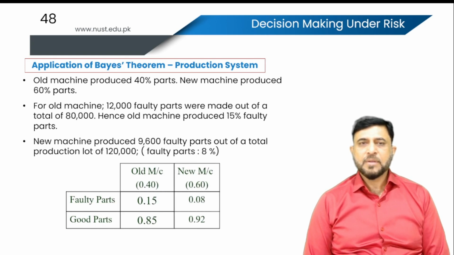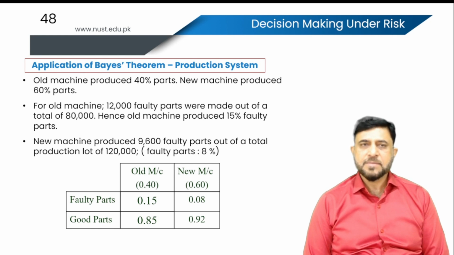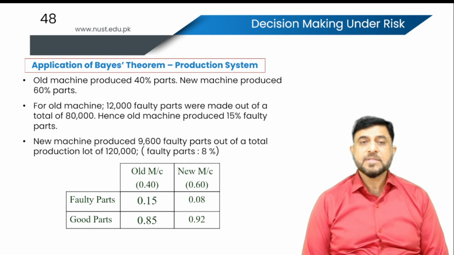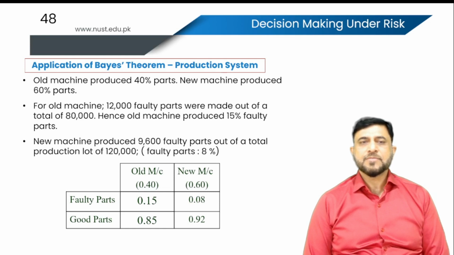Okay, first part of the Bayes theorem: we have faulty parts and good parts, and old machine and new machine. We know that 40% of parts are made by old machines and 60% of parts are made by new machines.